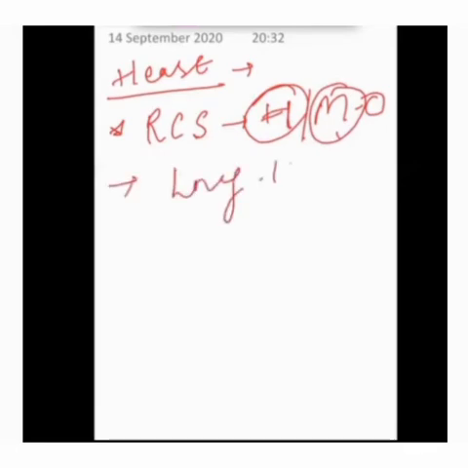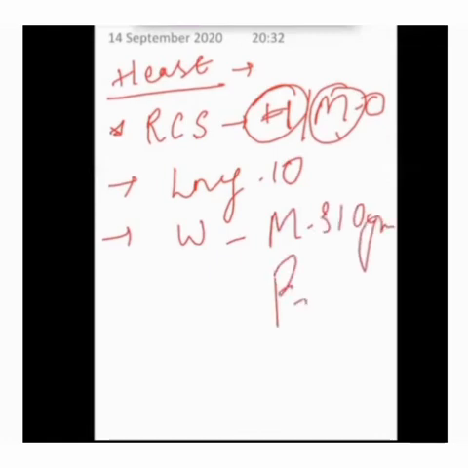Second thing, what's the length of this? It's 10 centimeters long. If you are talking about the weight, in case of male, the weight is 310 grams, and in case of female, it will be 225 grams. And basically it lies in the thoracic cavity.